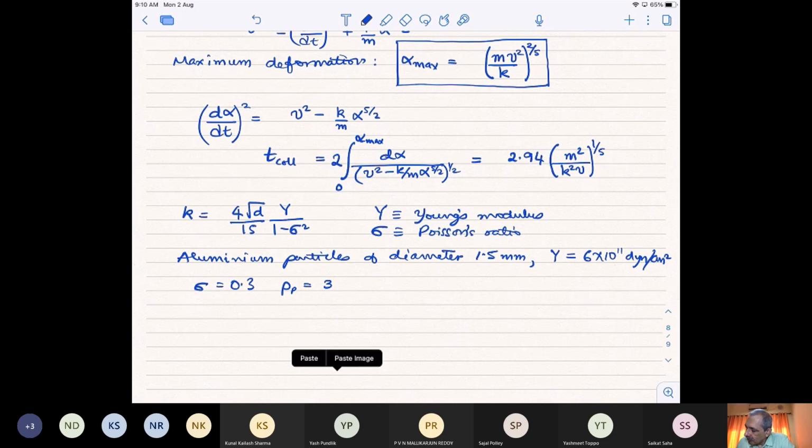So we need the density. If we are given the diameter and the density, we can easily calculate the mass. All of these are in CGS units.